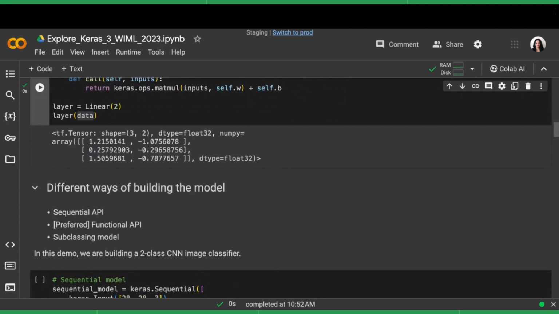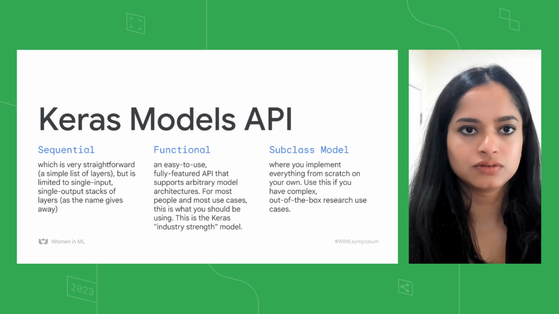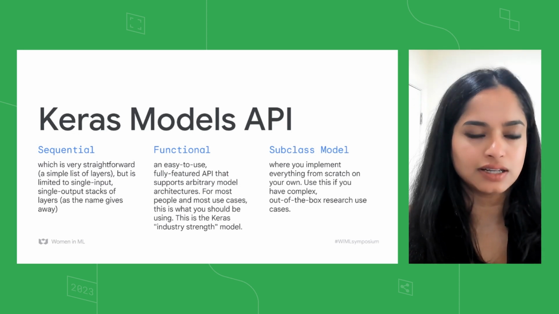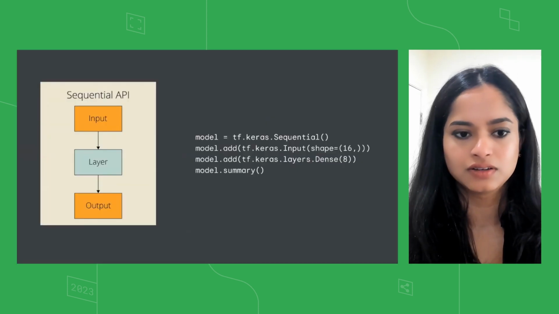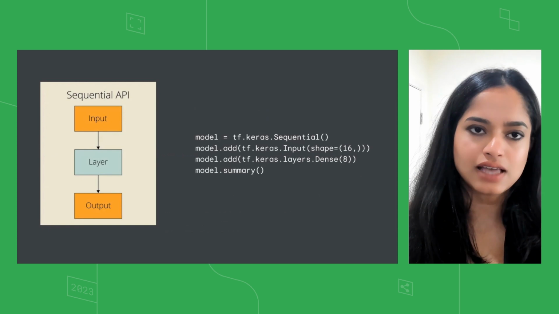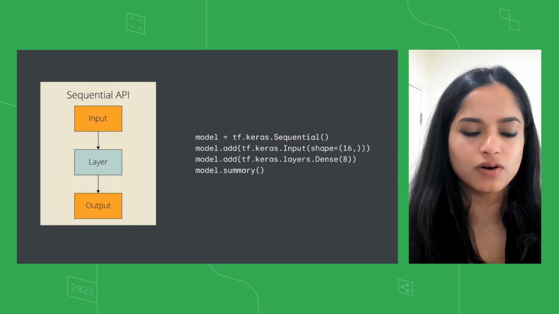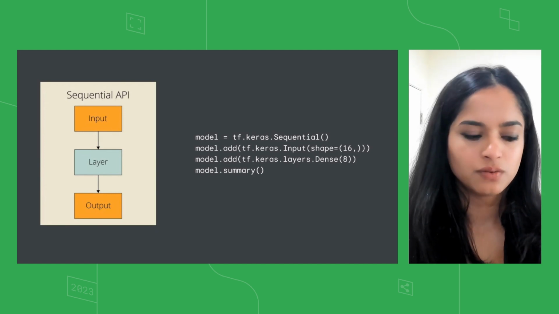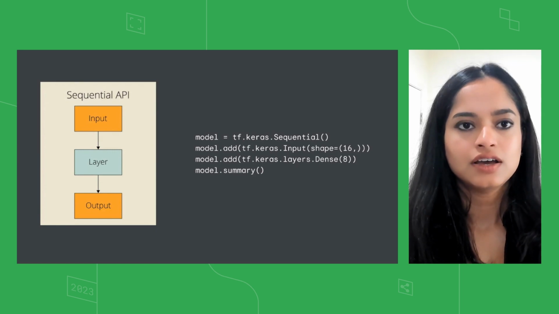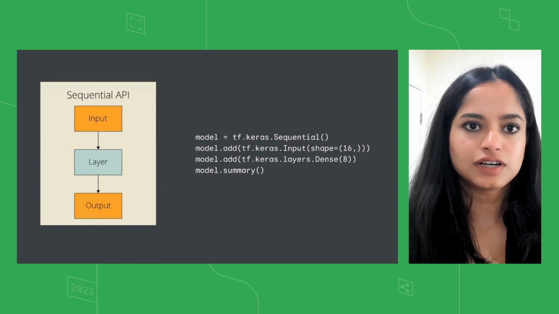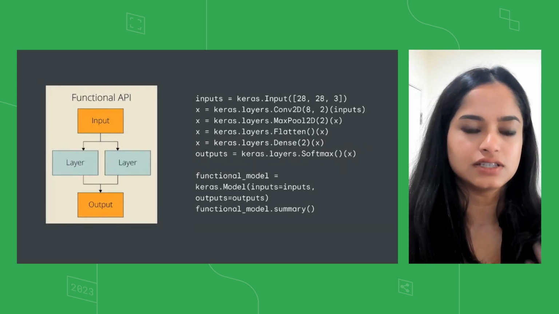So let's go back to our presentation. There are 3 ways to create a Keras model: with a Sequential API, a Functional API, or a subclassed model. Let's look at them in detail right now. Here's an example of a Sequential model API. The Sequential model is appropriate for a plain stack of layers, where each layer has exactly 1 input and 1 output tensor. The Functional API is a way to create models that are more flexible than the Sequential API.